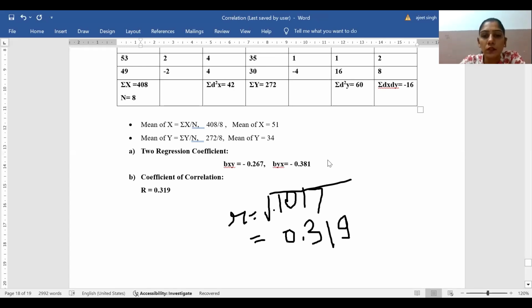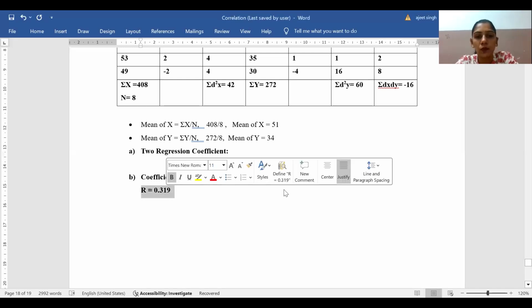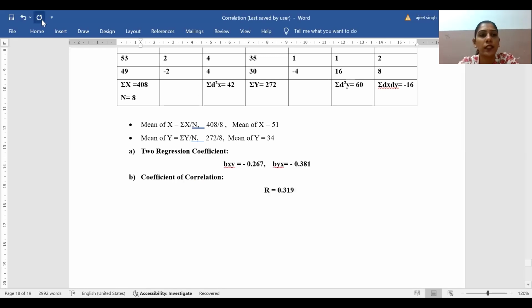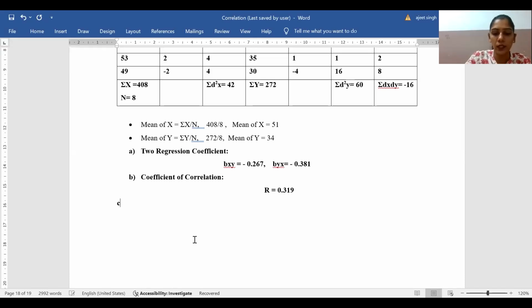Okay. So now, as we have already calculated two parts of this question, we will calculate the next part, which is the regression equation.